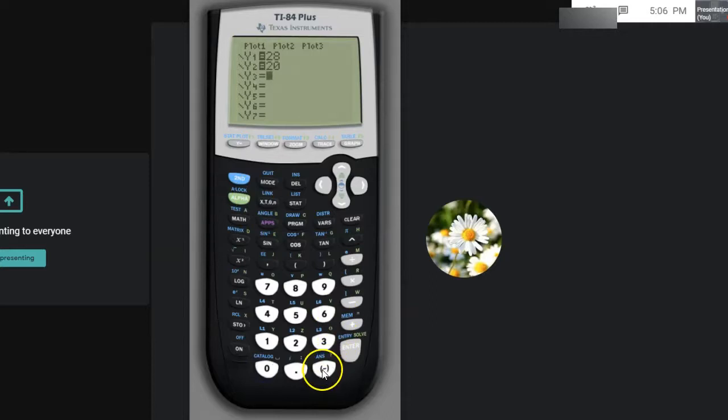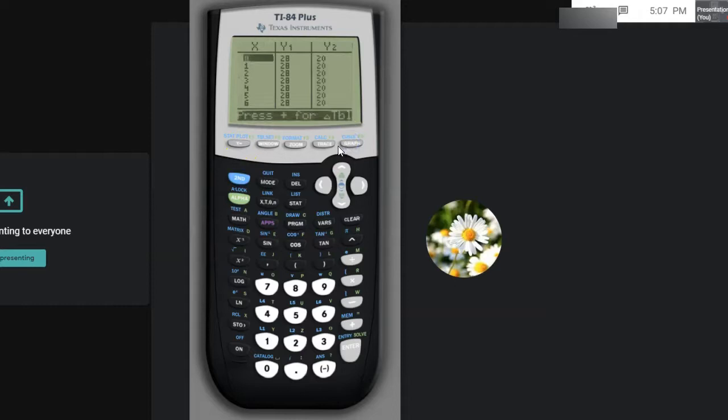I'm just going to make an educated guess at it: negative x squared plus x plus 4. Okay? Then I'm going to set the table.